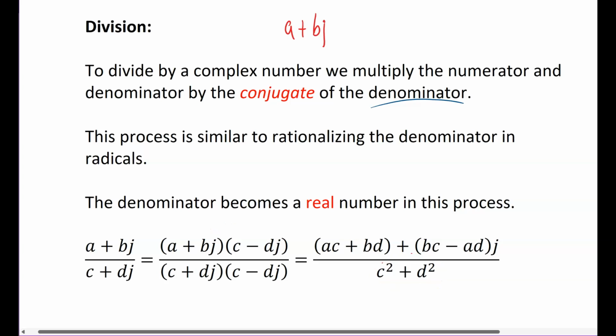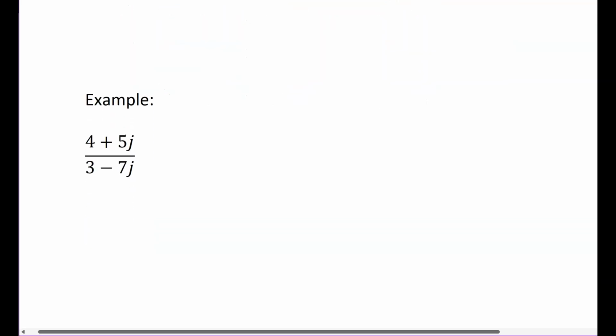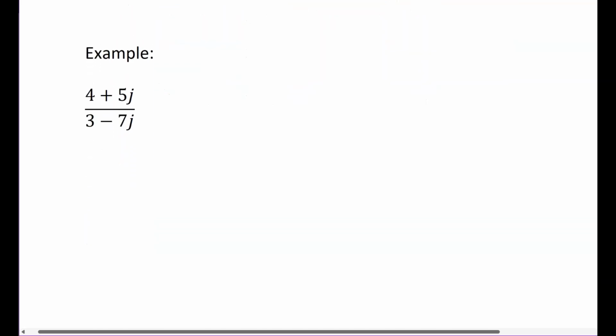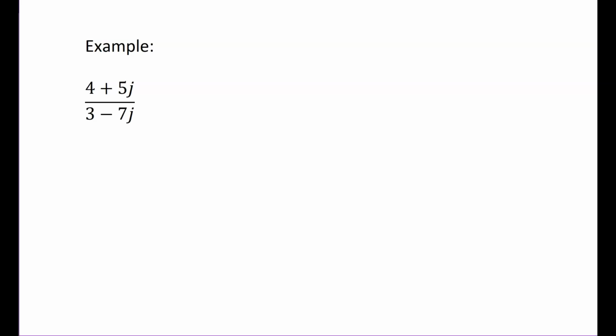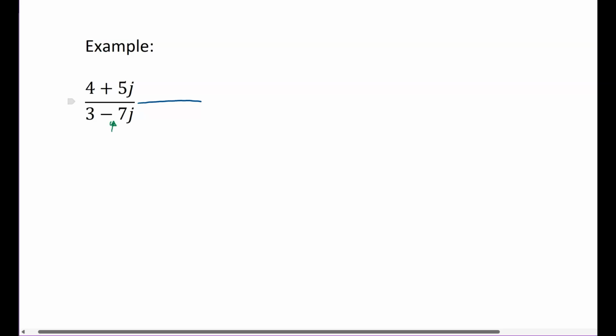All of this will become a lot more clear when we take a look at a numerical example. So, 4 plus 5j divided by 3 minus 7j. First of all, we want to multiply both numerator and denominator by the conjugate of the denominator. What will that be? To find a conjugate, you change the sign of the imaginary term.